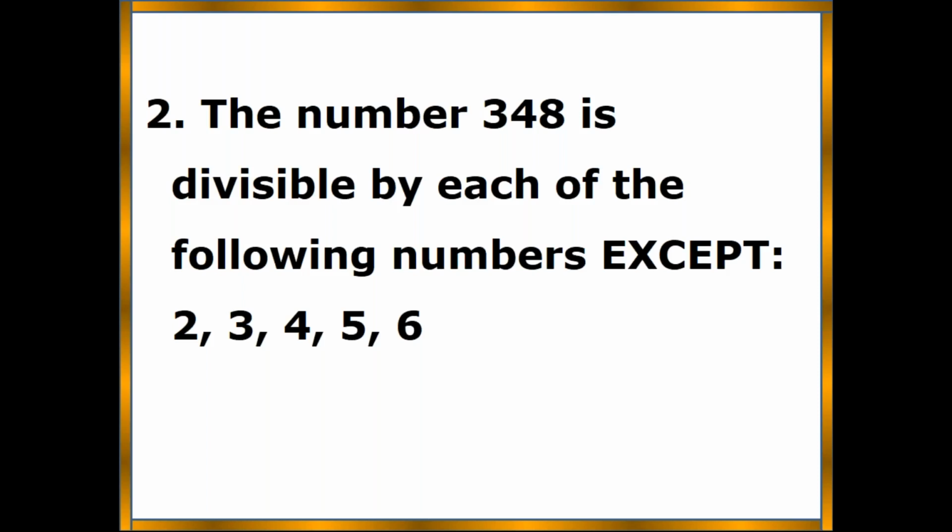The question is, the number 348 is divisible by which of the following numbers except 5? It means that the number is divisible by 2, 3, 4, 6, but not 5. Very clear. Don't lose the marks.